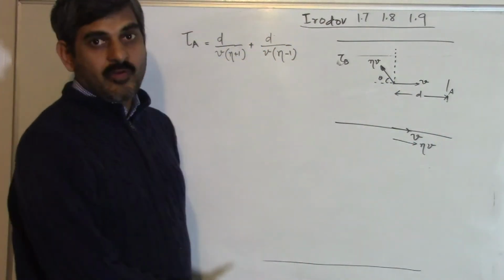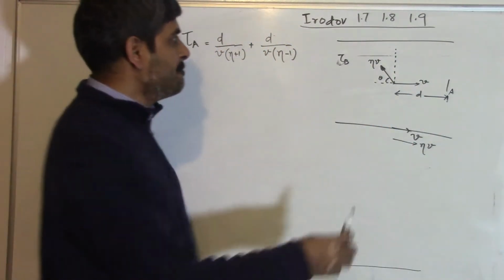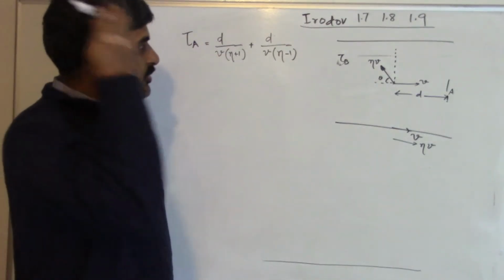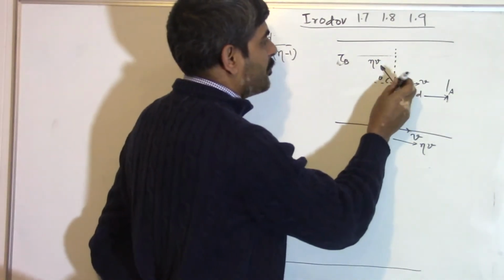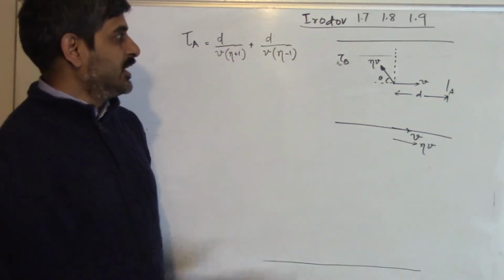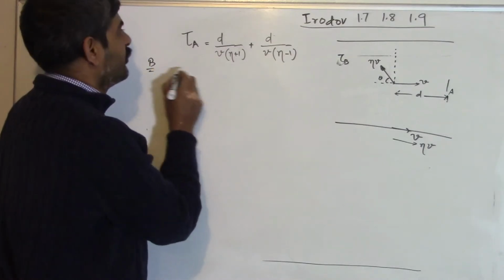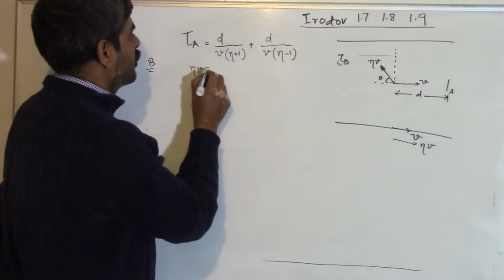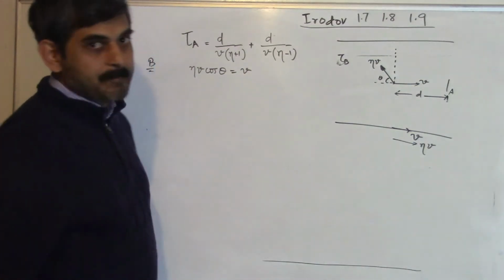As you saw in the last problem, if you have not seen it, you can see the 1.7 solution, the horizontal component of ηv must balance this stream velocity. That means for boat B, ηv cos theta must be equal to v.